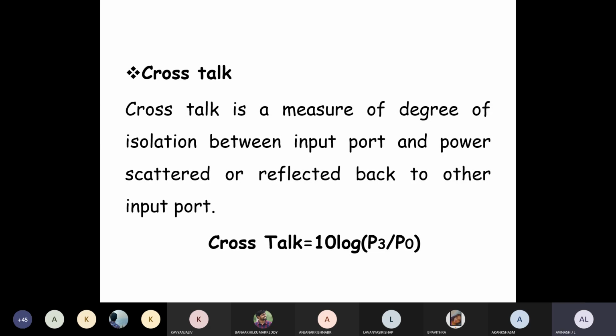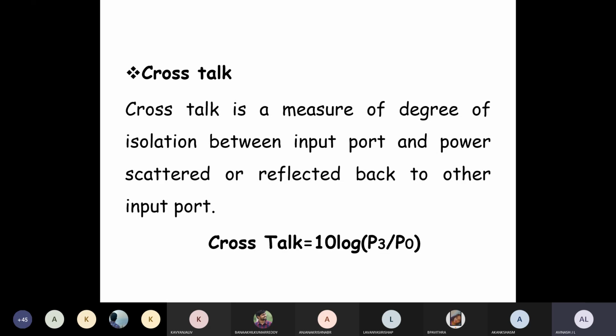Please take down crosstalk, all of you. Crosstalk is a measure of degree of isolation between input port and power scattered or reflected back to the other input port.